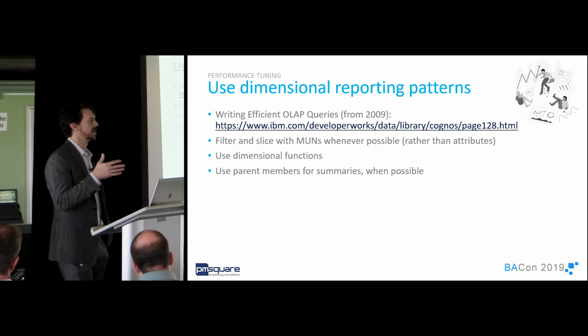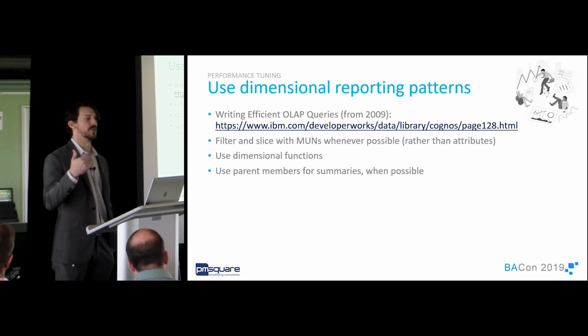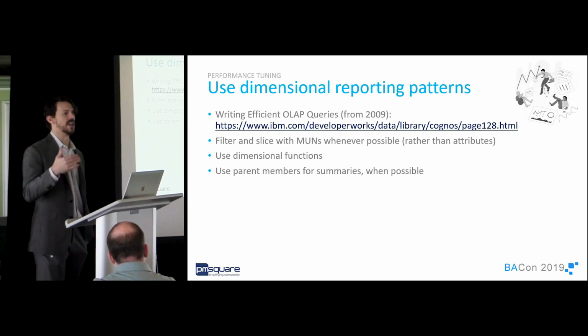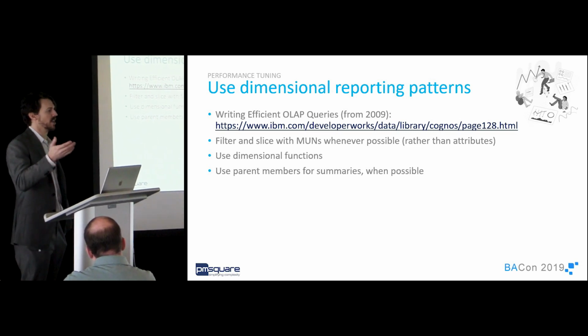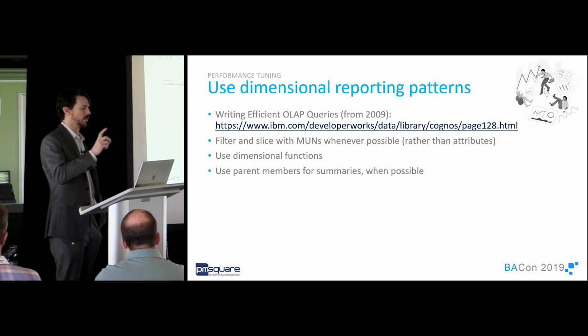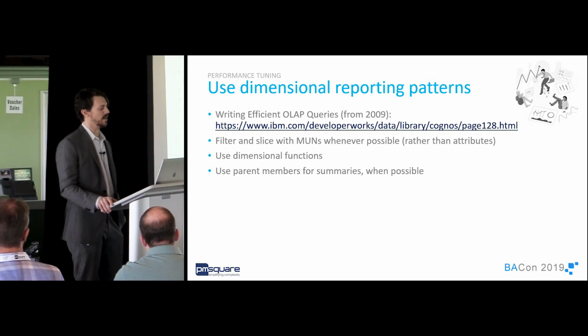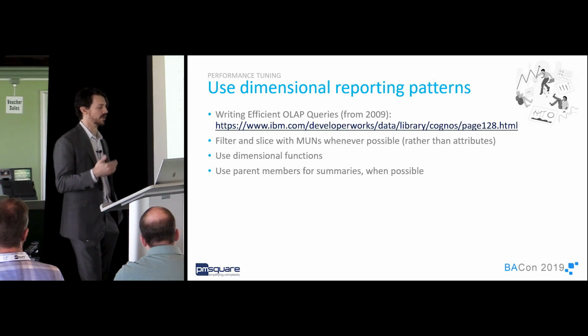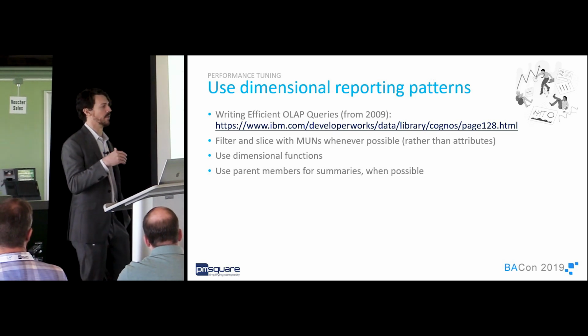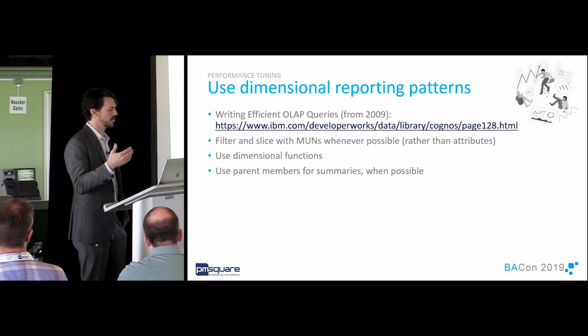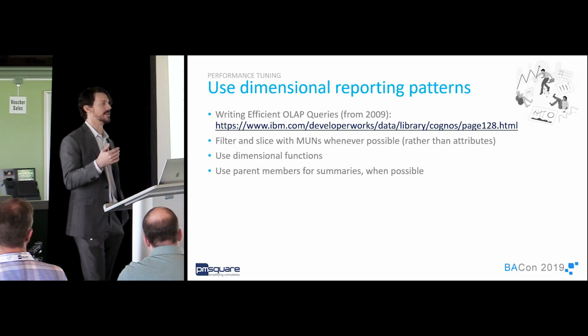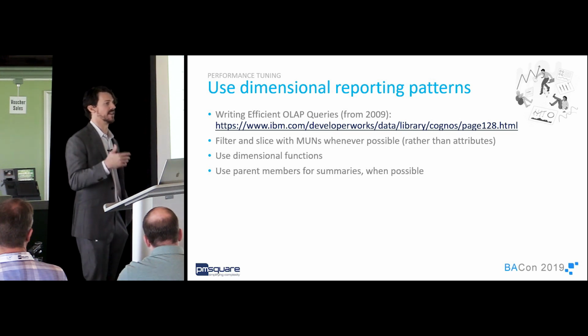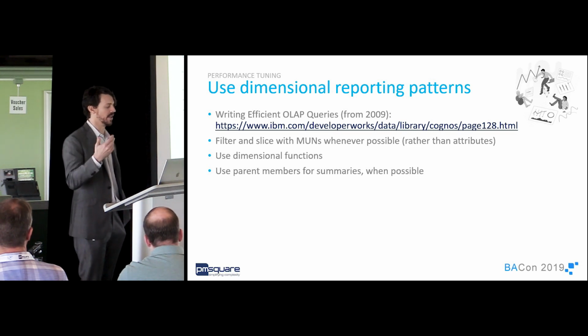But if you're trying to build a dimensional style report and you're not using dimensional functions at all, you're probably not doing it efficiently. You can do a good bit of drag and drop, and Cognos will create some sets and such. But you really need to have an understanding of how those dimensional functions work in order to build something that both gets you the best performance, and also is more stable as things potentially evolve in the cube a little bit.